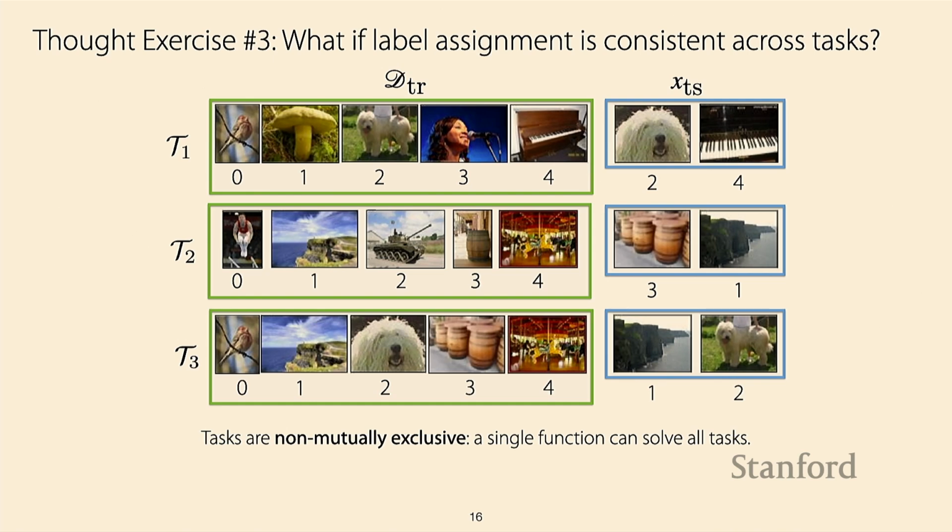For example, the dog image for task 1 is in the query set, and then for task 3, it's in the support set. Got it. So the question is, in some cases the same image is in the query set for some tasks and in the support set for other tasks, and also this class is appearing multiple times.